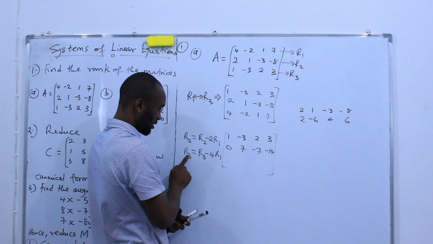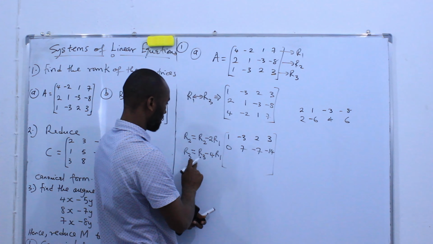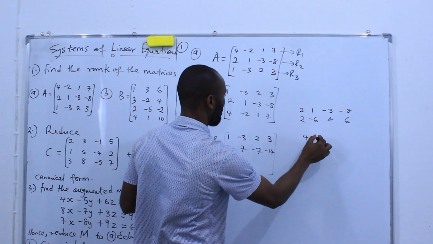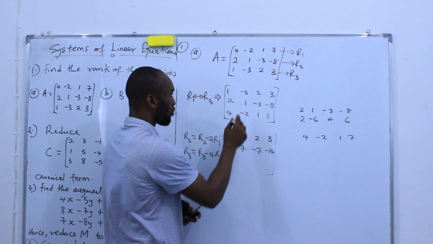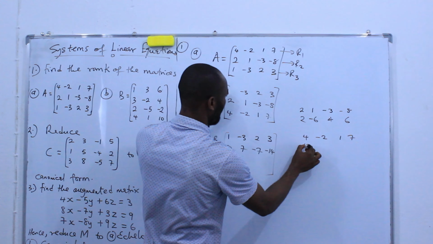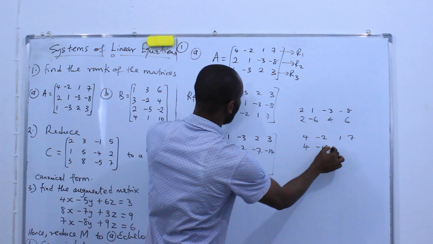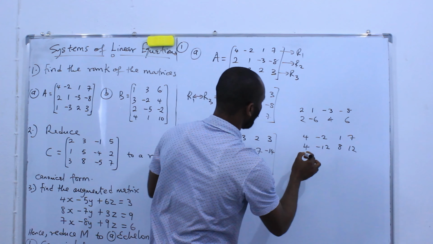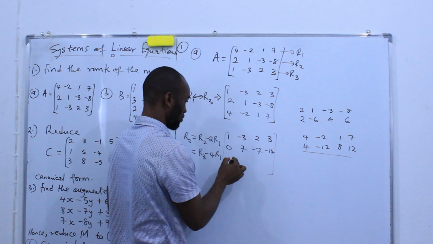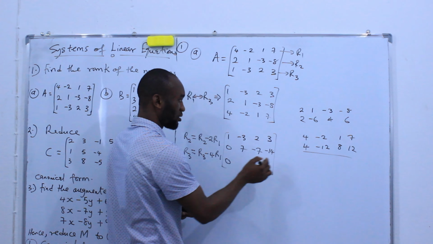Then let's take care of row 3, which is 4, minus 2, 1, 7. And 4 row 1 is 4, minus 12, 8, and 12. When we subtract, we write down 0 directly.